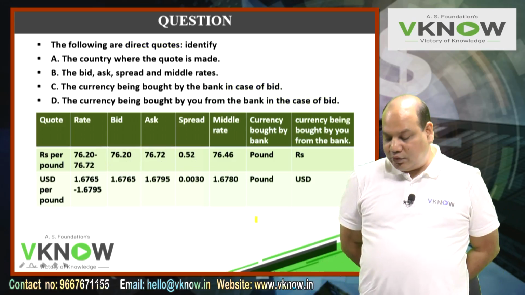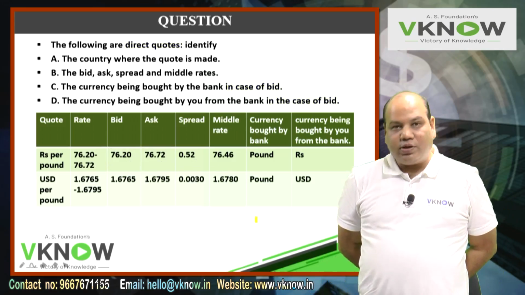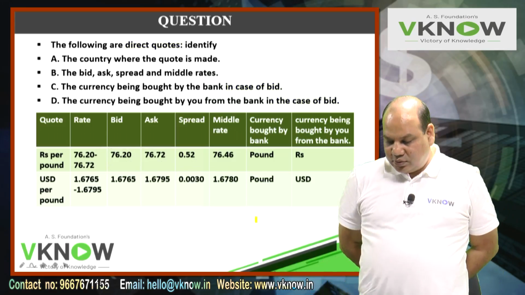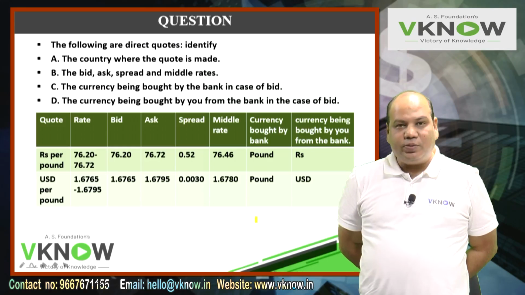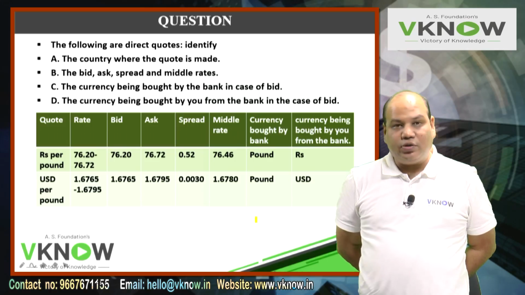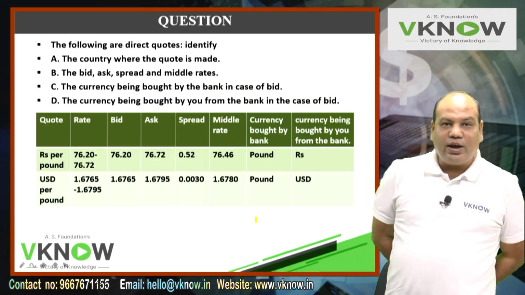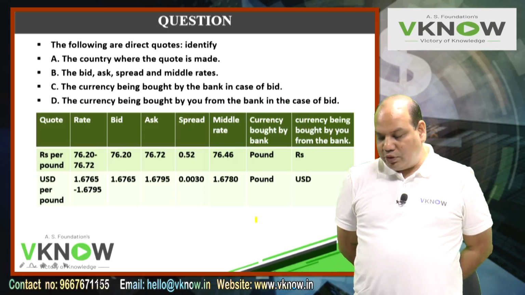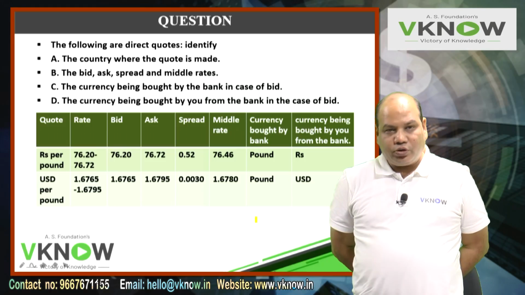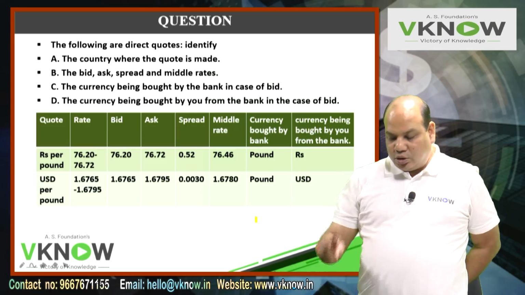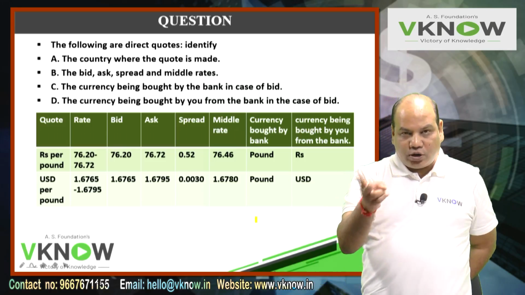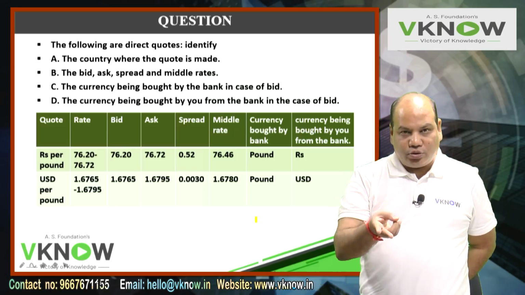The ask rate is 1.6795. Spread is the difference between the two, 0.0030. Middle rate is the average of the two, 1.6780. If it is a bid rate, home currency is USD, foreign currency is pound because it's a direct quote.